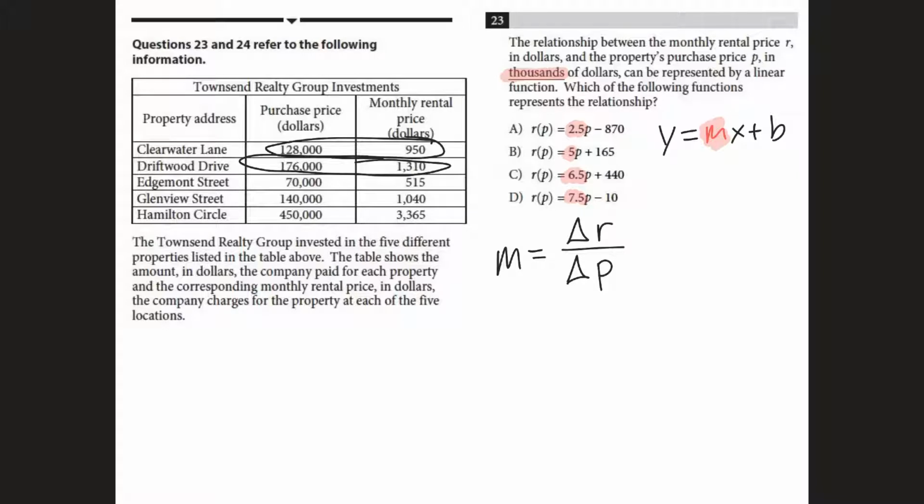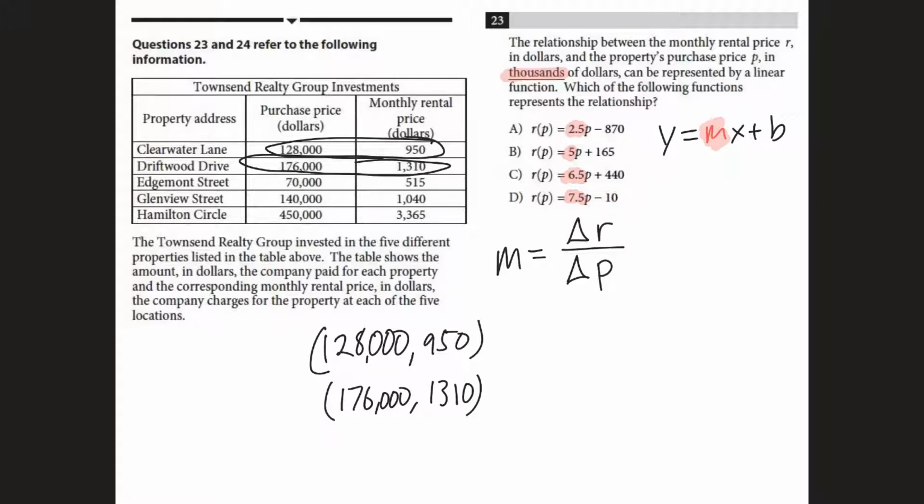So those points would be 128,000 and 950, and the other data point would be 176,000 and 1,310.